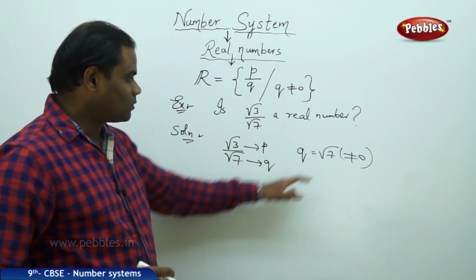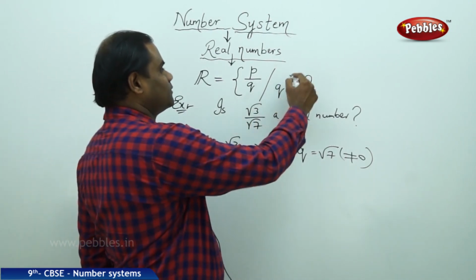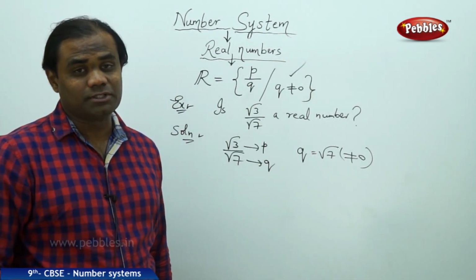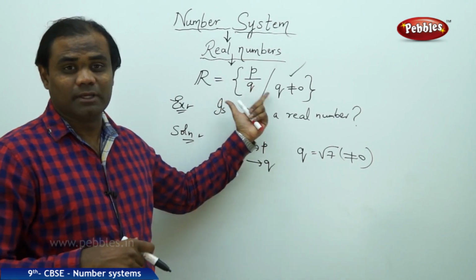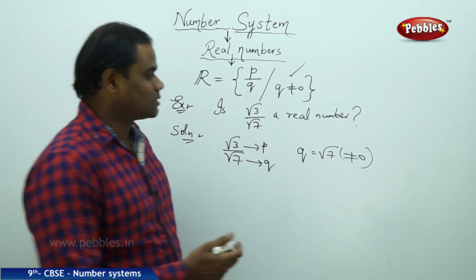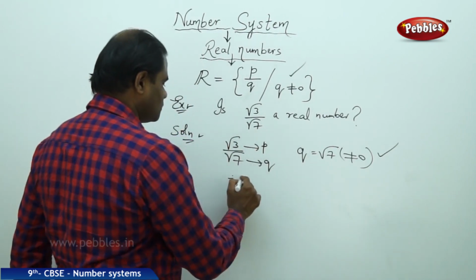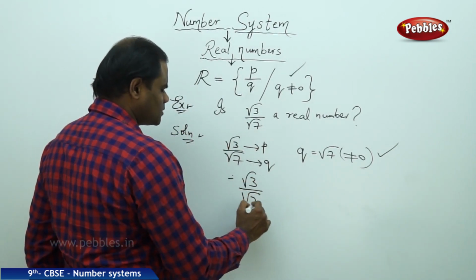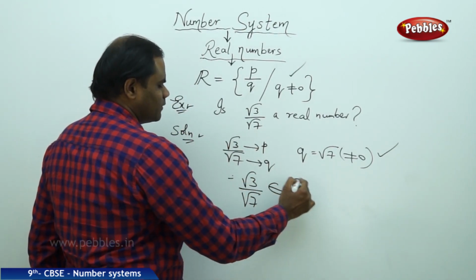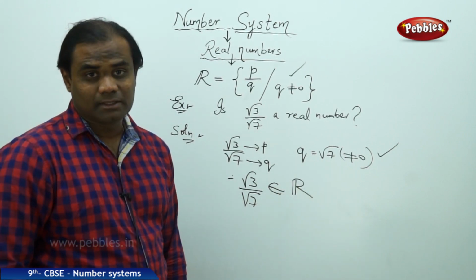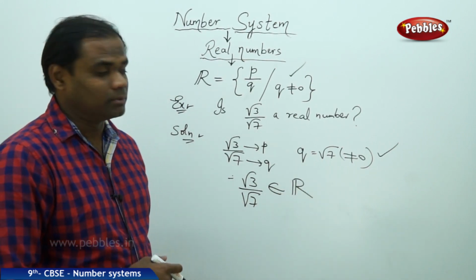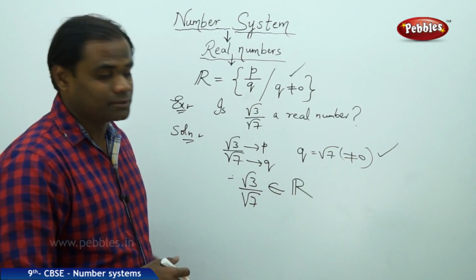Therefore, Q not equal to 0 is the only test which needs to be passed for a number being a real number. Now this test is passed, therefore root 3 over root 7 is a real number. But this cannot be a rational number because P and Q are not integers.